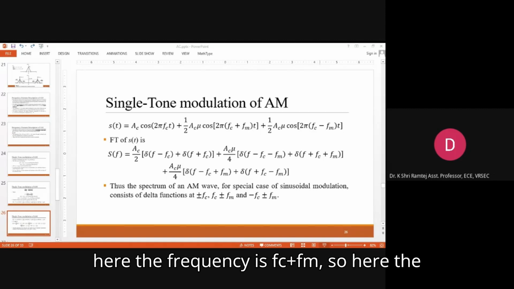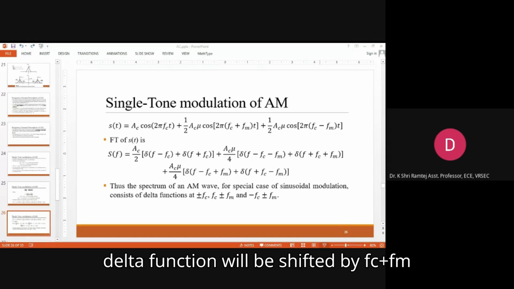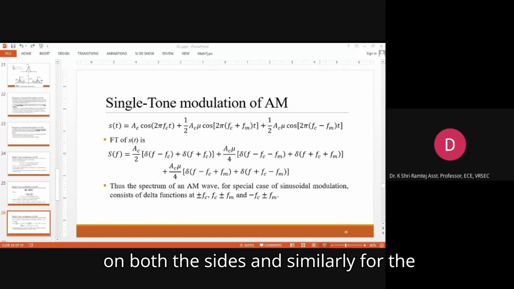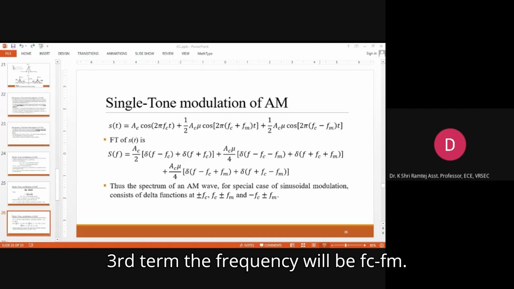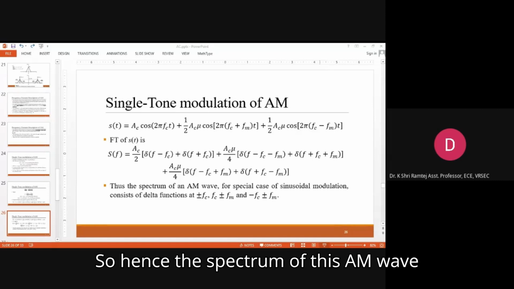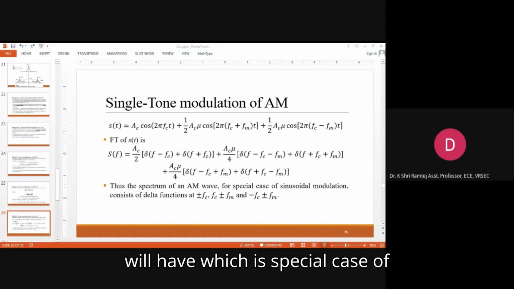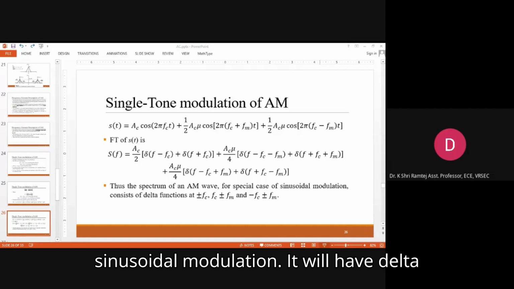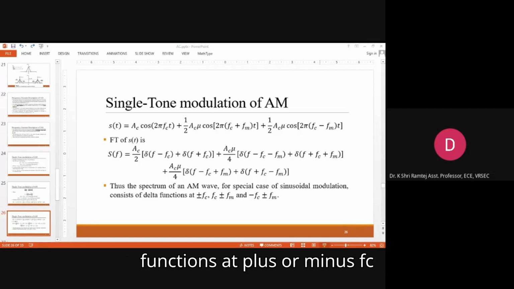Since here the frequency is fc plus fm, the delta function will be shifted by fc plus fm on both sides. Similarly, for the third term, the frequency will be fc minus fm. Hence the spectrum of this AM wave, which is a special case of sinusoidal modulation, will have delta functions at plus or minus fc, fc plus or minus fm, and minus fc plus or minus fm.